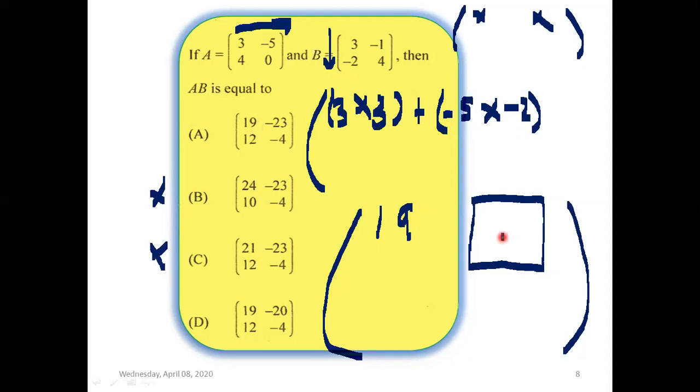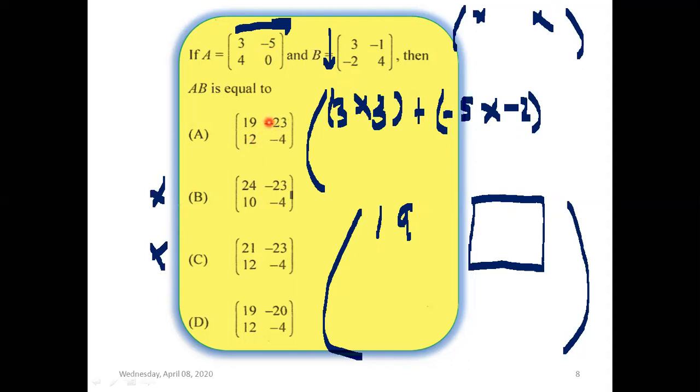Now, to work out the second number, which is the top right element, you're going to multiply 3 times -1 plus -5 times 4. If you work that out, you can get the answer straight away because this is -23 and this is -20.